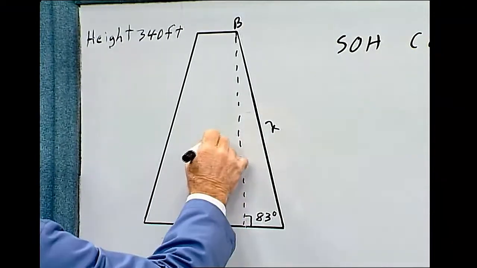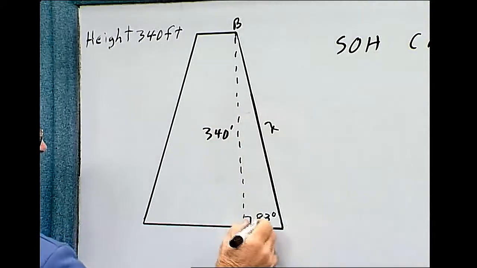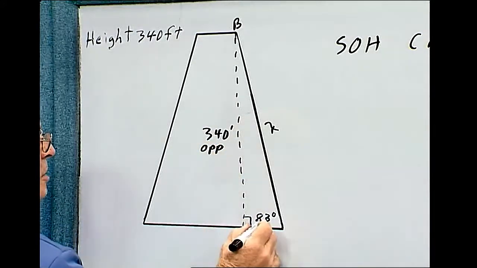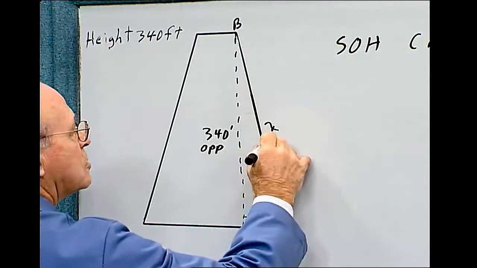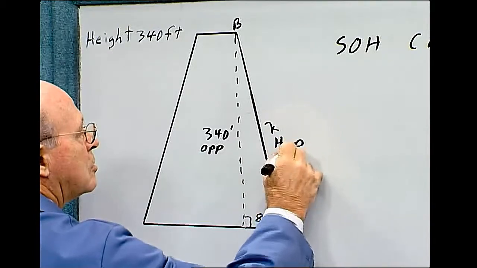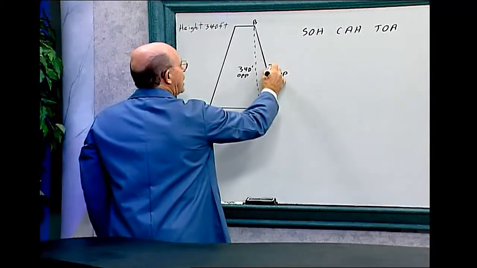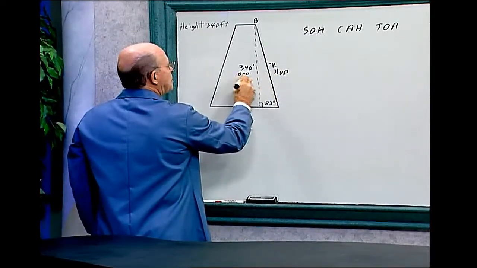And so this is 340 feet, and that would be opposite from this known angle. And this obviously is the hypotenuse. So what we want to find out is what is x, or this hypotenuse. And so we have the opposite and hypotenuse.